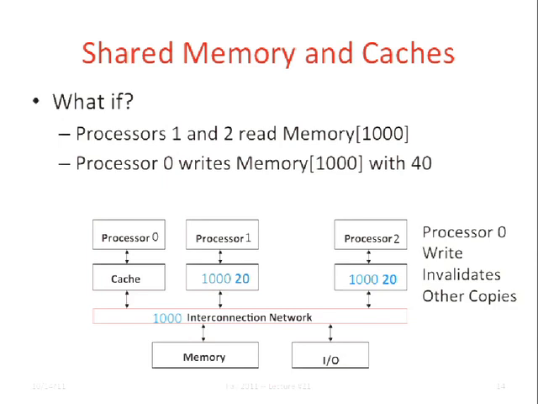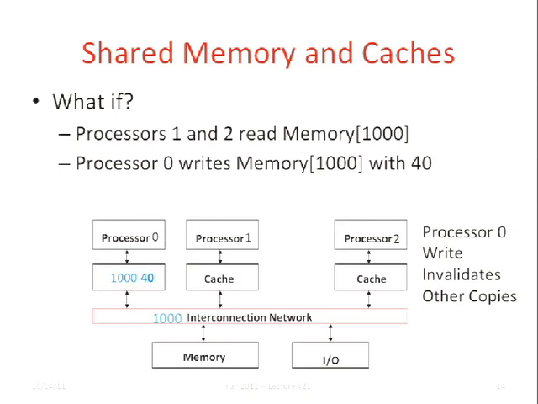So when processor 0 wants to do that write, when it goes to the interconnection network, the caching hardware logic says, I better clear 1000 out of those other caches. It does what's called an invalidation, and it removes 1000 from those caches. Once it does that, processor 0 is free to update location 1000.